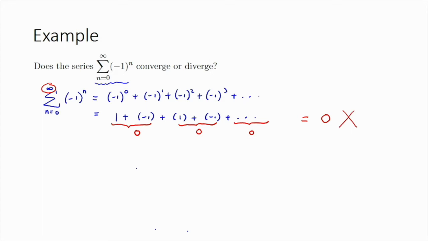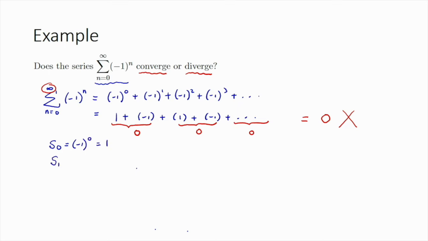We need to go back to the definition of an infinite series, and in order to determine whether an infinite series converges or diverges, we need to consider the sequence of partial sums. So let's do that here. So here, the 0th partial sum is equal to minus 1 to the power of 0, and that's equal to 1.